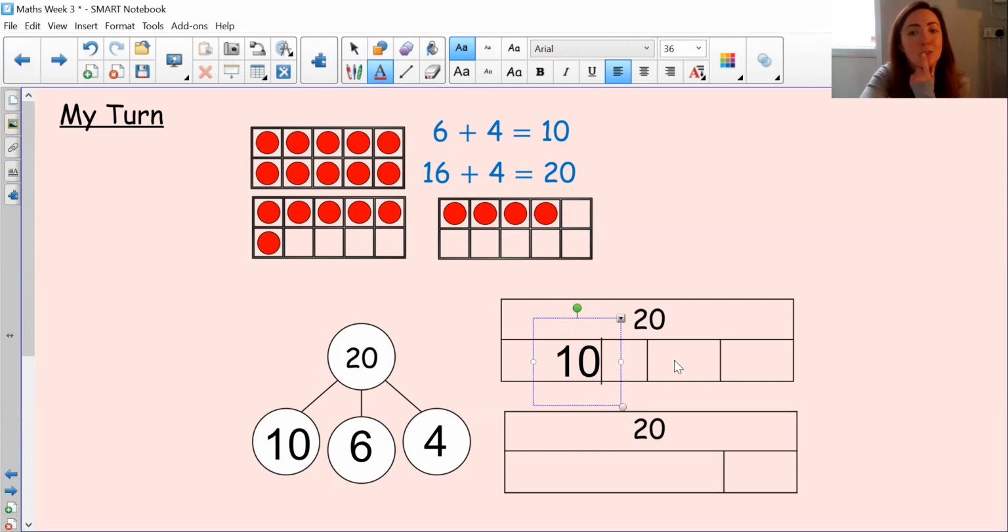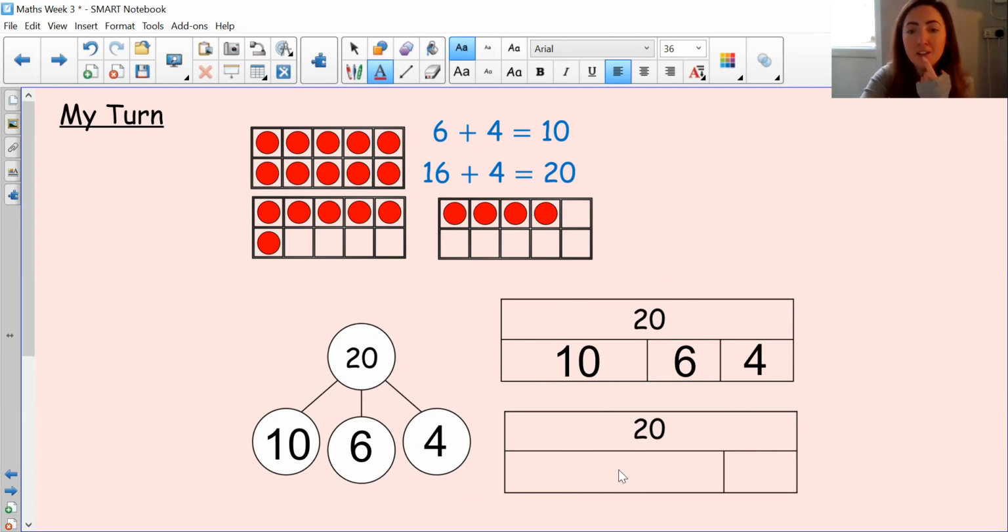And what number do we think goes here? That's right, it's 6. Which must mean that this part is 4. Okay, so it's very similar to a part-whole model. It's just a different way of representing it, and it's called a bar model. We can also show the number bond to 20 in this bar model, which only has 2 parts.